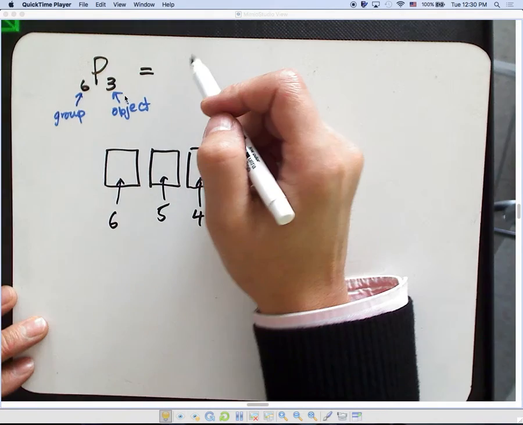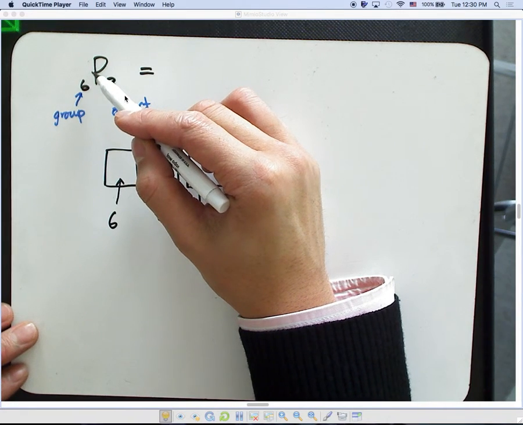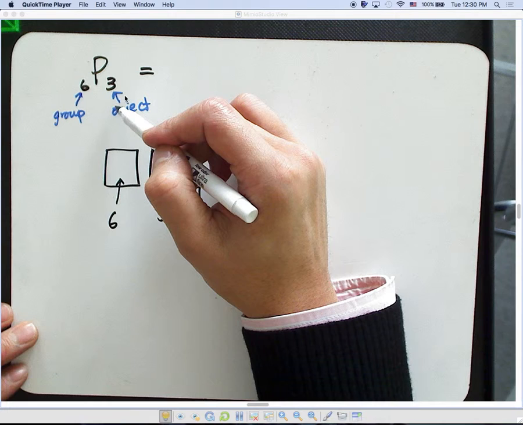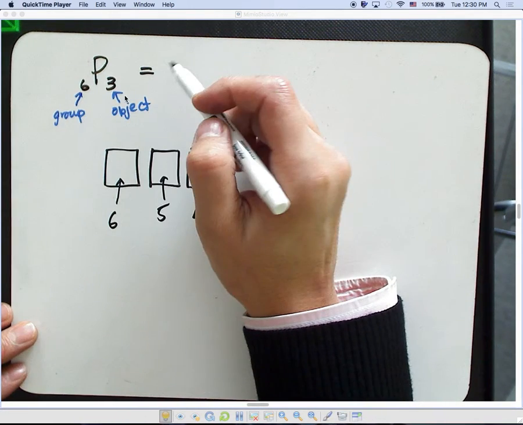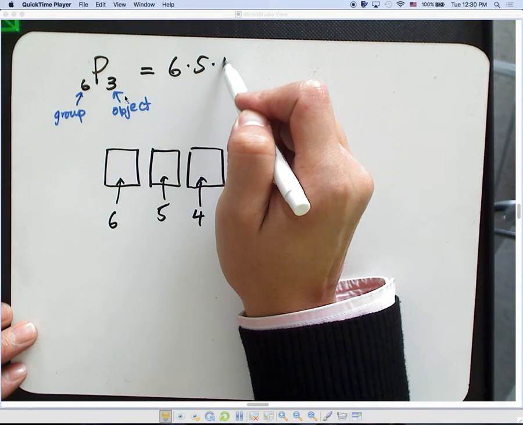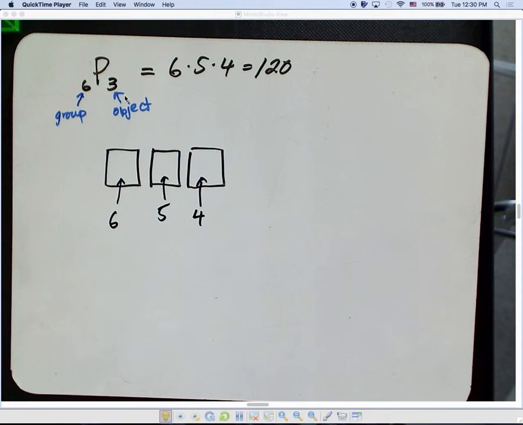So the permutation of 3 objects taken from a group of 6 is 6 times 5 times 4, which is 120 different ways.